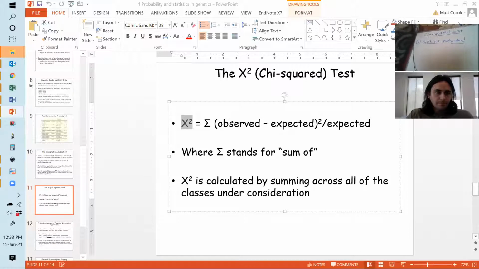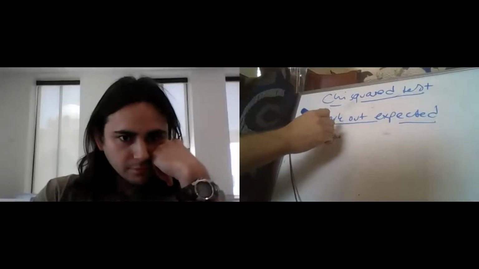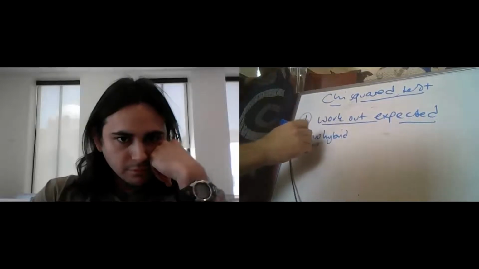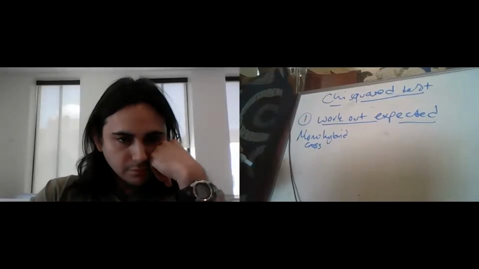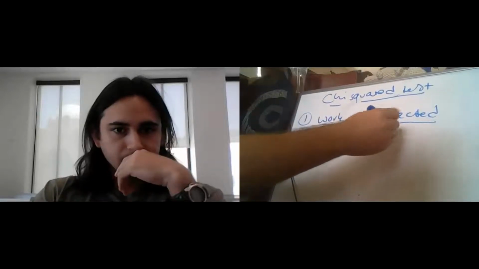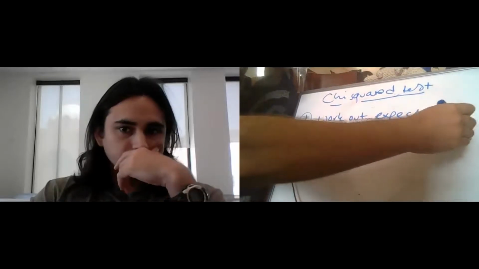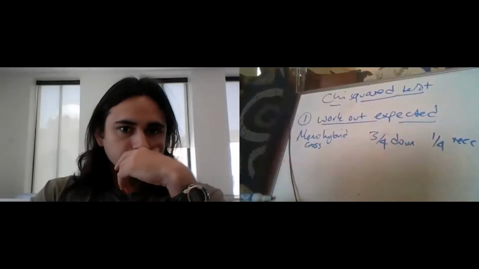Right. So let's say we're doing, let's get this chair off so it's a little bit bigger. Doing a monohybrid cross, we would expect 3/4 dominant, 1/4 recessive, right?